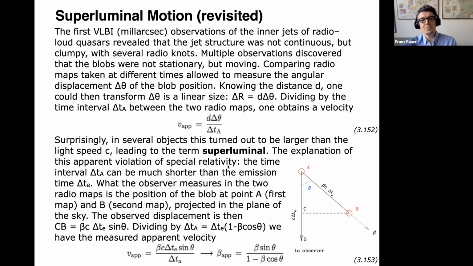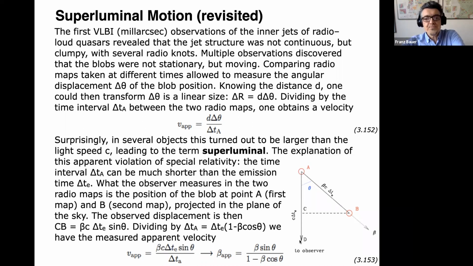Just to explain it, as we talked about when we were originally looking at this diagram, this arrival time can be much shorter than the delta emission time, right? Because the arrival time is just this here, whereas the emission time is this total thing.